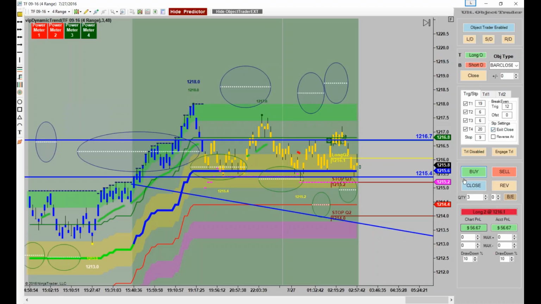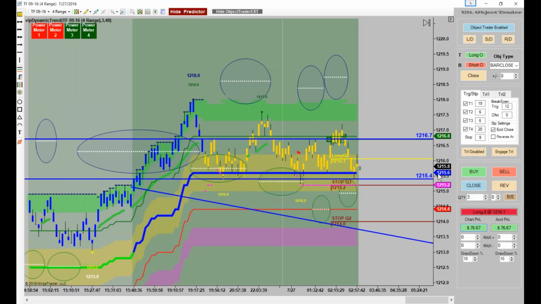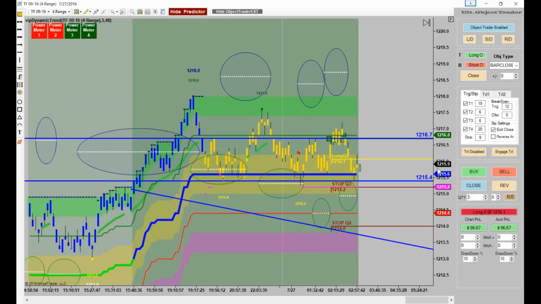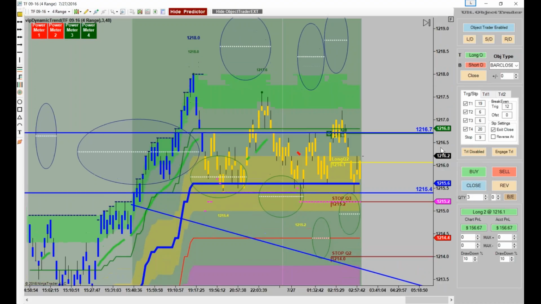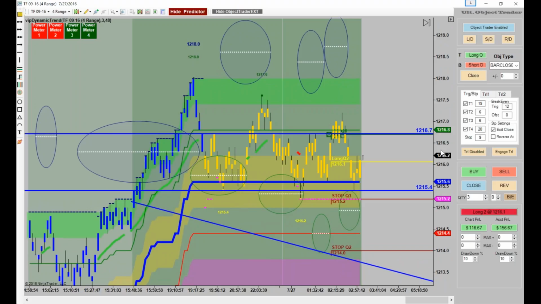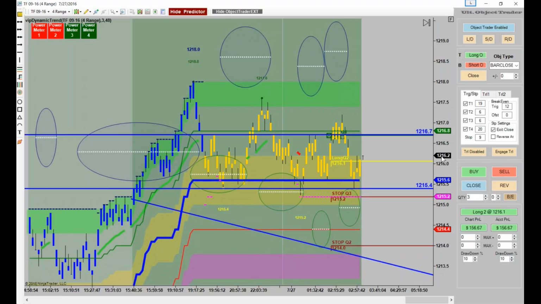Exit on close, not worried about the trade, feeling a little bit of heat. See if we can get something on this trade.